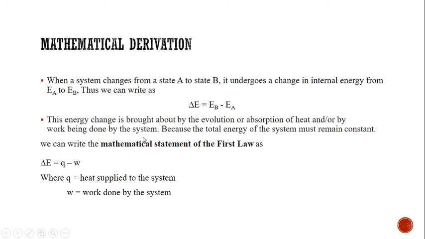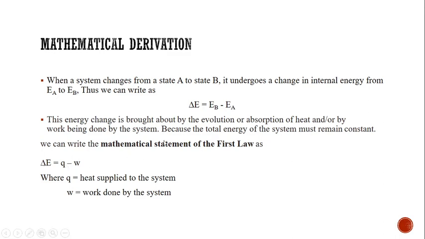The energy change is brought about by the evolution or absorption of heat. Heat may be absorbed inside the system or it may evolve outside the system. The second factor here is the work done, work done by the gas on the surroundings in order to expand.